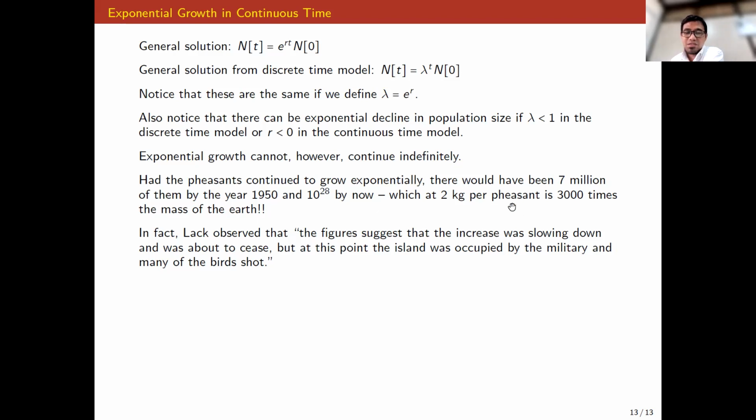In fact, right now, the pigeon itself does not reach these populations. So this means that the exponential growth model is not realistic. It will be impossible that every species will grow and grow without limitations.